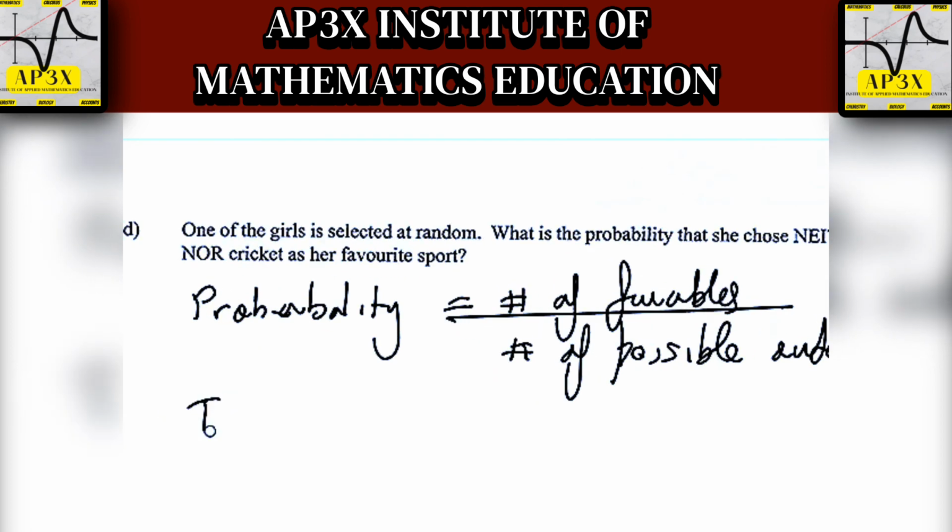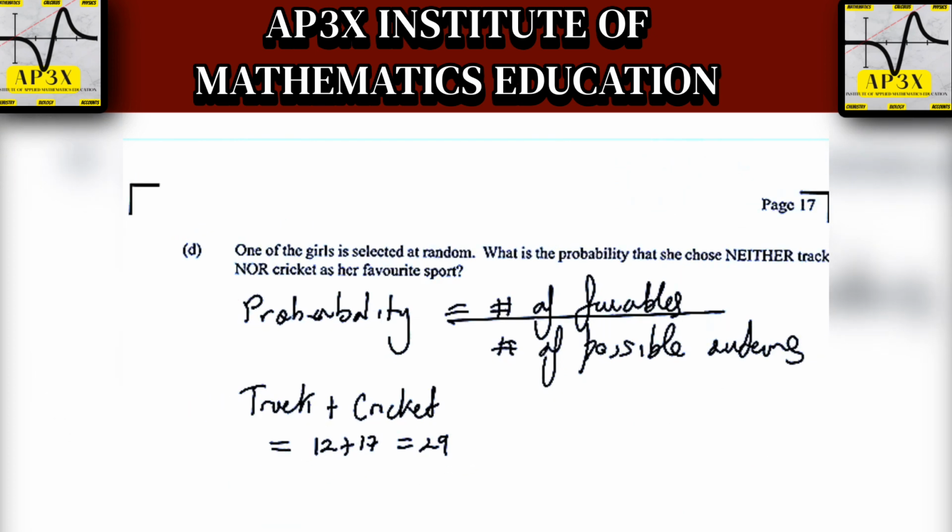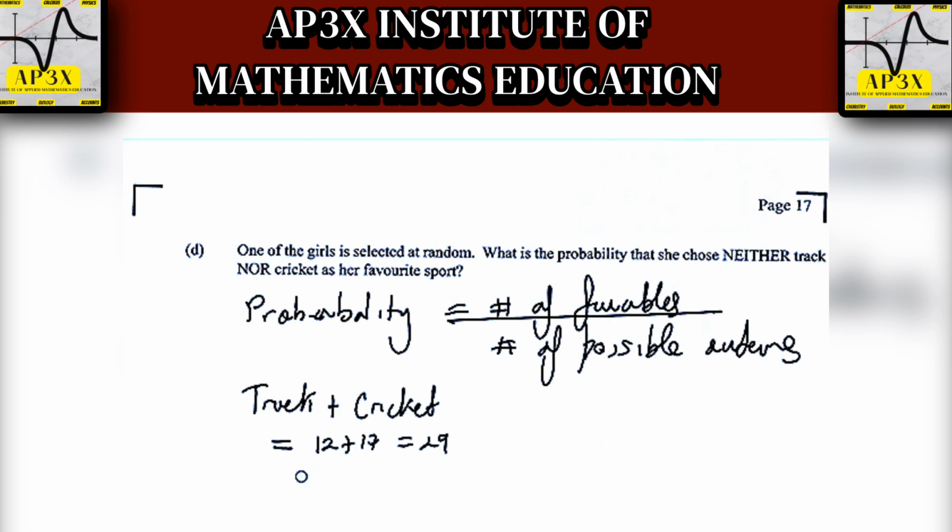So track plus cricket equals 12 plus 17, which is equal to 29. So therefore, neither would have been 75 girls minus the 29 that chose track and cricket.